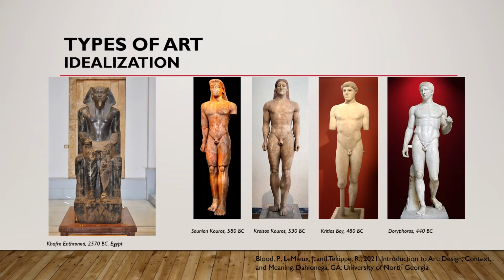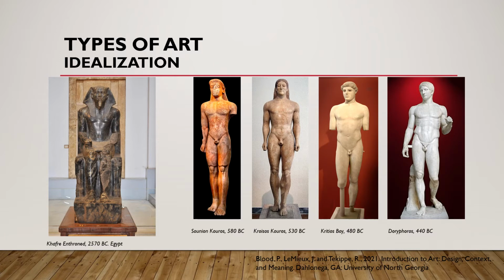Now, the Kouros was an early Greek figure of a young male. You can notice the Egyptian influence and the reliance on geometric shapes to define the contours of the body. As we progress, we see the figures becoming more realistic with more accurate body proportions.